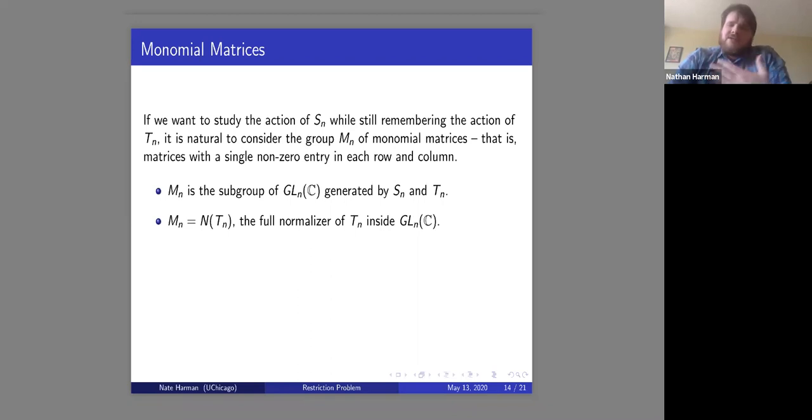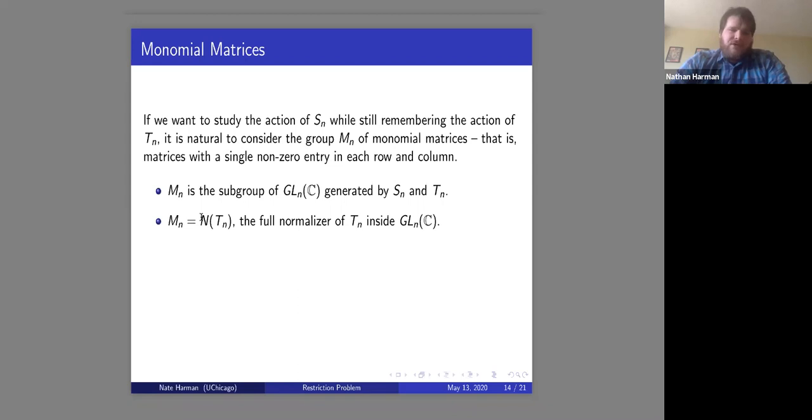It also turns out to be just the full normalizer of Tn. So maybe the philosophy is, understanding a restriction to a group and understanding restriction to a normal subgroup are in some ways very different problems. Working with a normal subgroup buys you a lot.